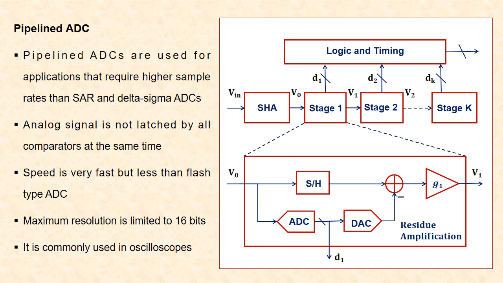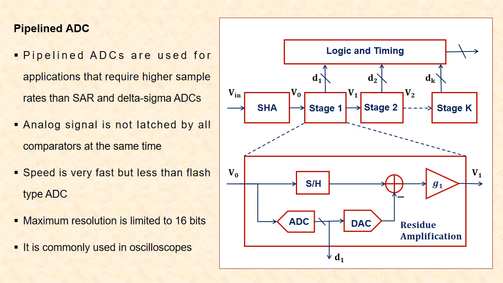Pipeline ADC consists of a cascade of stages, each of which contains a low resolution ADC, DAC and amplifier that successively convert the analog signal into digital output while processing the data in a pipelined manner.